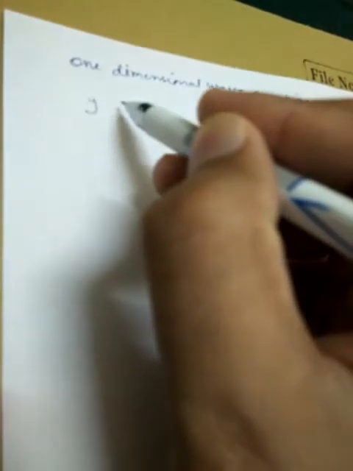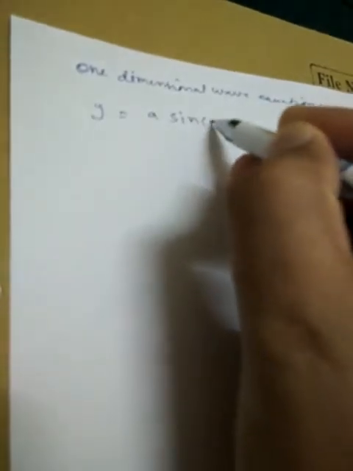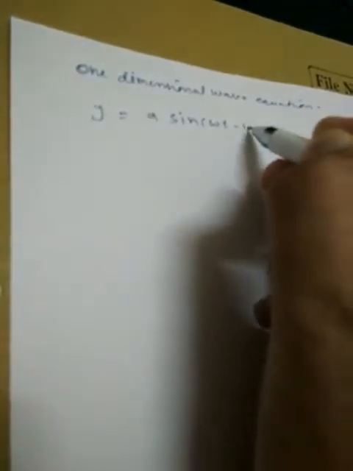As we know, a wave is nothing more than an oscillation of particles that are doing simple harmonic motion, and we know the simple harmonic equation can be written as y equal to a sine(omega t minus kx). Equation number 1.